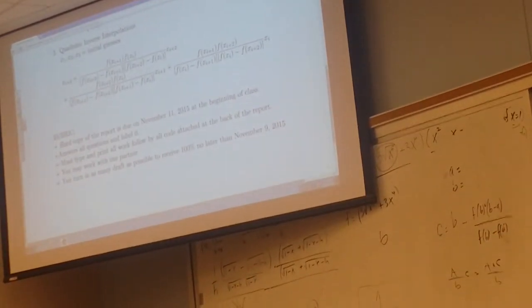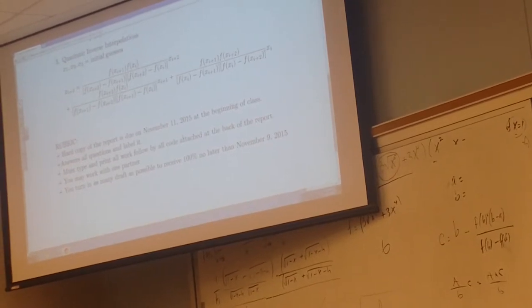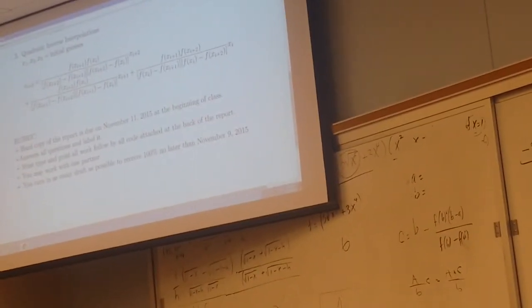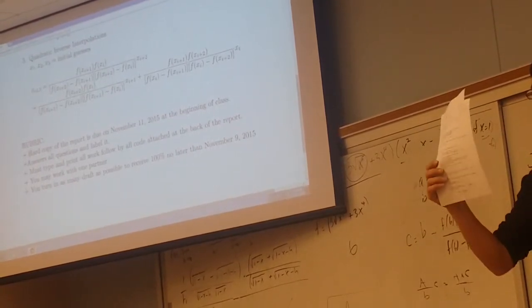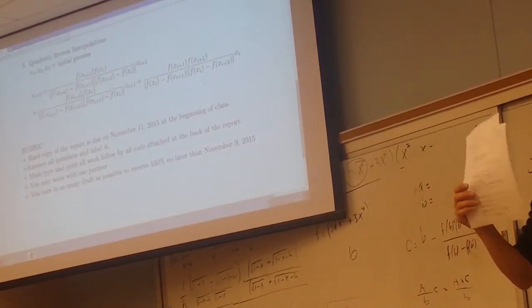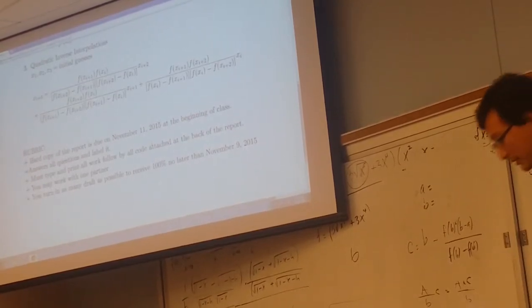You need to type all the work. Again, same thing with the code at the end of your report: don't do this, just turn in the code. Your code is the last page.